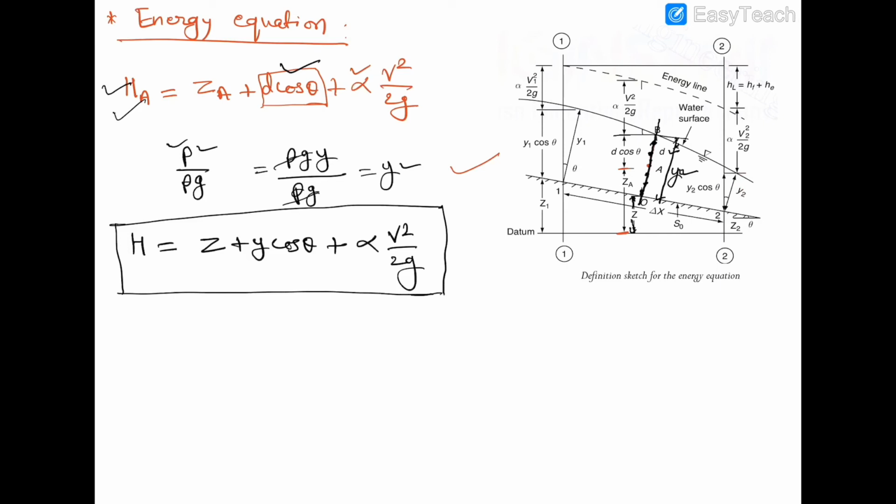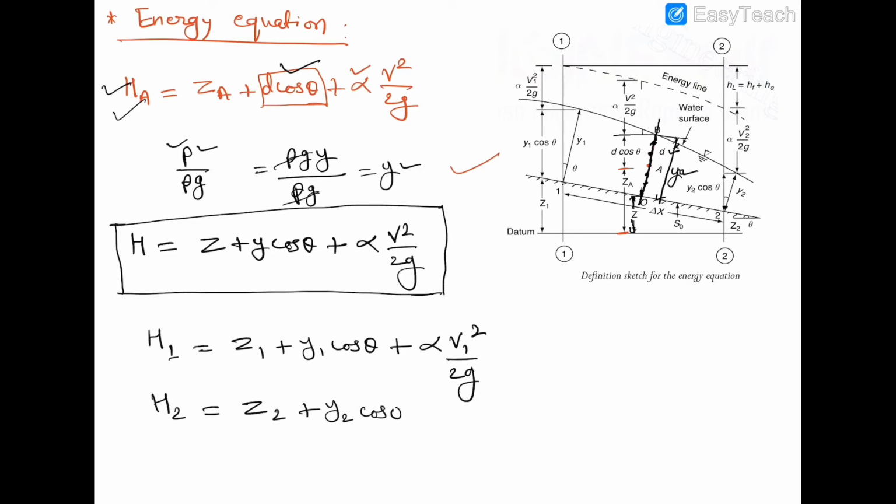So for example, at section 1 we write the energy equation: H1 is equal to Z1 plus Y1 cos theta plus alpha V1 square upon 2g. In a similar way, at section 2 the total energy will be Z2 plus Y2 cos theta plus alpha V2 square divided by 2g.